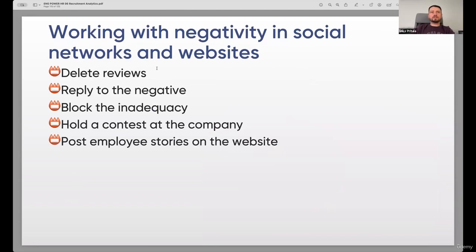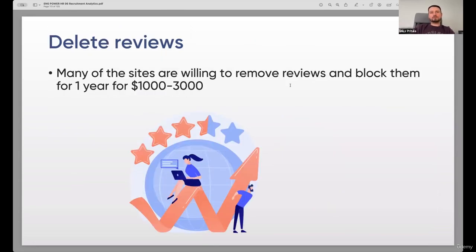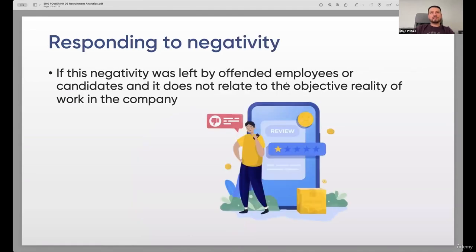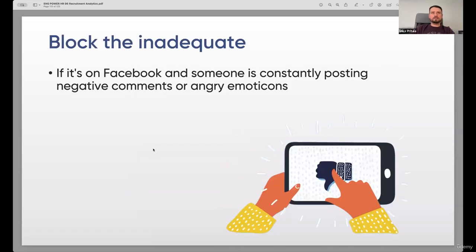Working with negativity in social networks and websites. Sometimes you see bad reviews. Some sites accept payment for deleting bad reviews. Sometimes they don't delete bad reviews, but you may reply and respond to negativity.